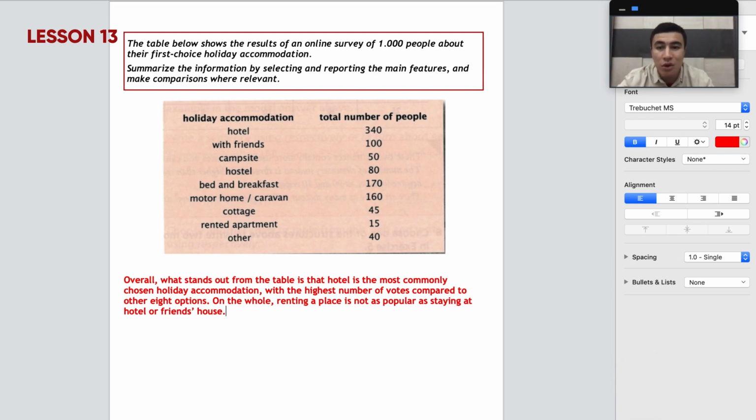So compared to hotels and a friend's house, or staying with friends, as you can see here, renting an apartment or cottage is less popular. So this is what I did here. You don't have to try to name this group, but you can name some of the items. So you can name an item itself. I hope this was clear.